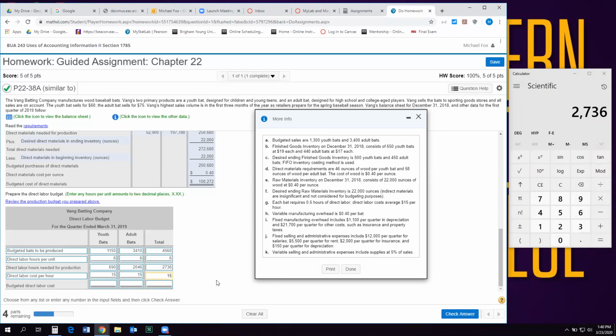We're not adding them up because it's just 15 times the direct labor hours. So our budgeted direct labor costs then for the youth bats will be 690 direct labor hours needed times $15 per hour, which is $88.50. And 2,046 for the adult bats times 15, which is 30,690.